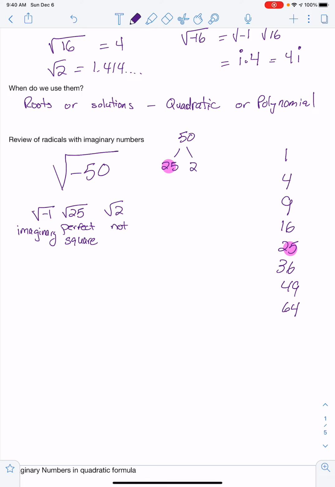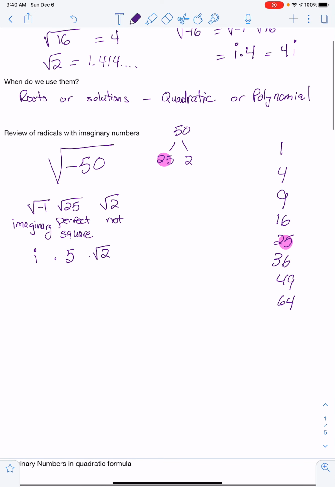And so we're going to say this is i times the square root of 25. Because 5 times 5 is 25, the square root of 25 is 5. And then the square root of 2 doesn't have a perfect square, so it stays inside the radical. The typical best way to write it would be 5i square root of 2. And that's what happens when it doesn't simplify completely.